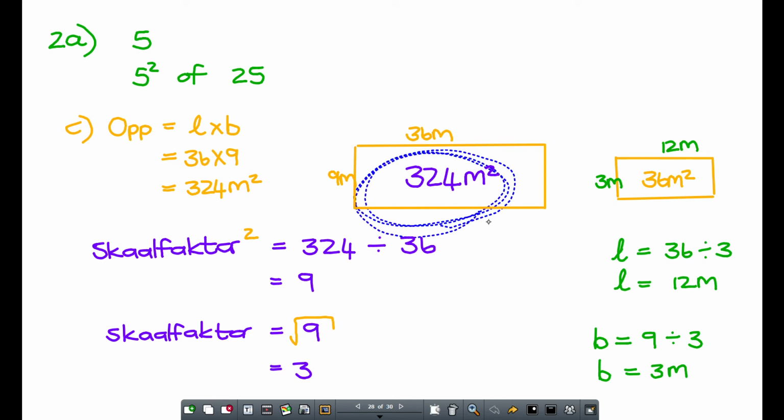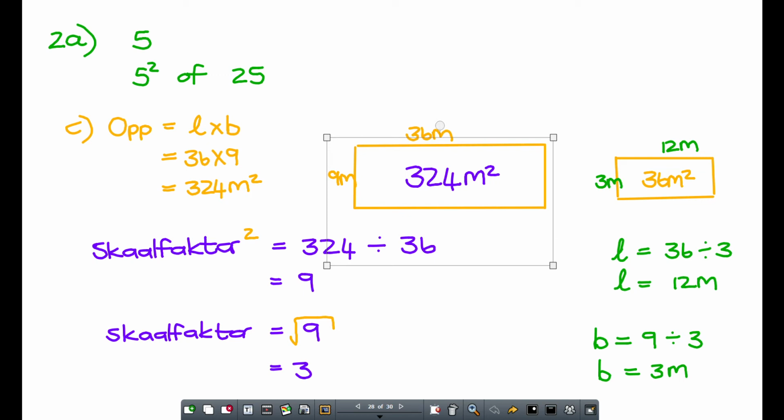Okay, so now I've got the area of the enlarged and the area of the reduced triangle. So I can divide those two to tell me what the scale factor would be. But the trick here is because it's area, it would be scale factor squared would be equal to the 324 divided by the 36.